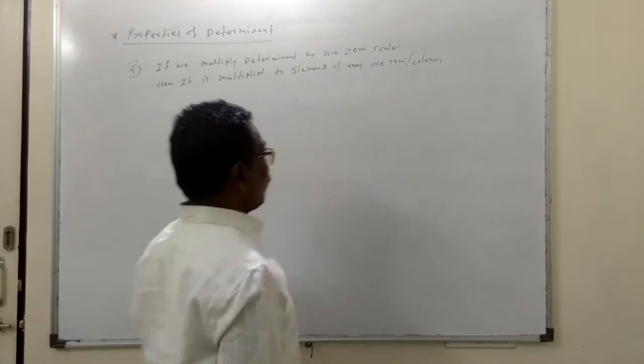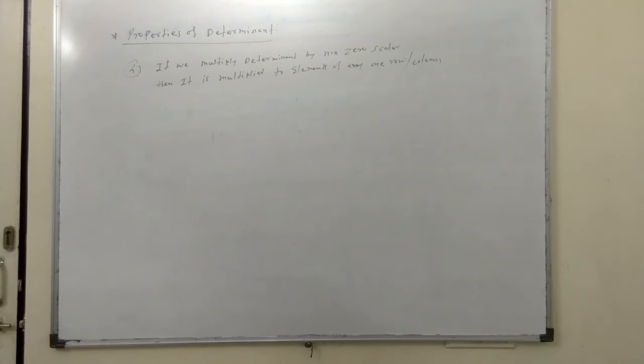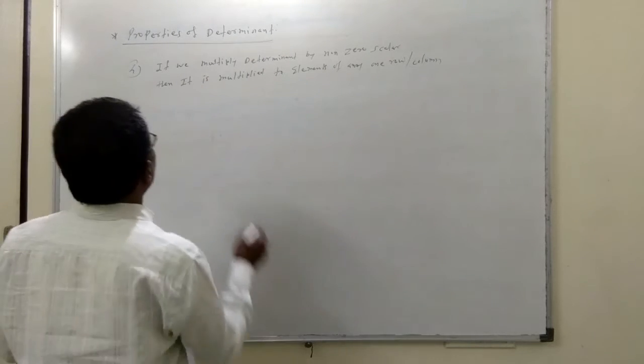You multiply that non-zero scalar to the elements of any one row or any one column.